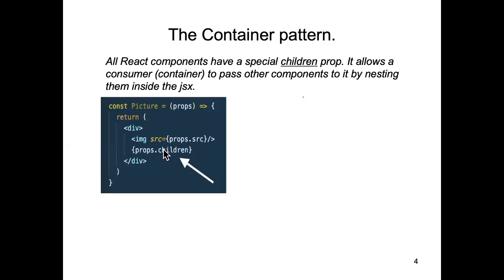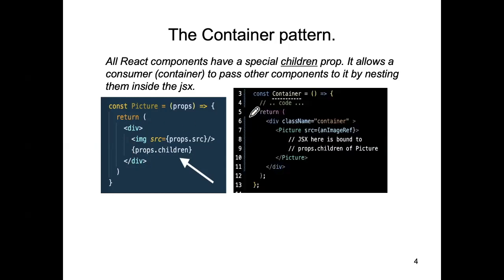Here's an example of a reusable component in this context, which I've called the picture component. If you look at the JSX of this picture component, you see that within the JSX, it's referring to props.children. So whatever that expression returns, which hopefully is JSX, that JSX is included in the overall output of picture. On the right, I'm showing you a consumer of the picture component. In other words, it's using it. And here's where it uses the picture.